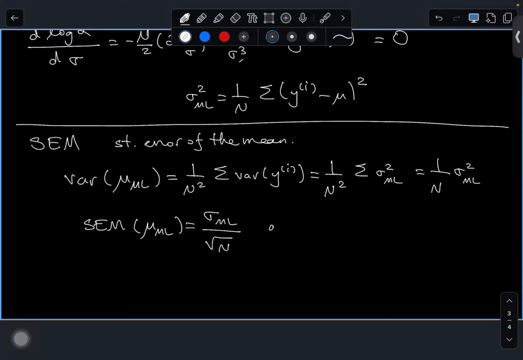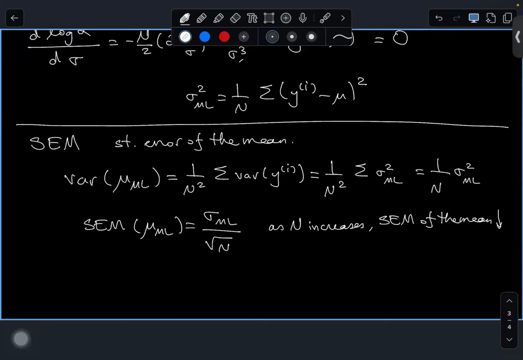And in this way, you see that as n increases, that means as the number of data points that you have increases, SEM of the mean decreases. So your confidence about what you're calling the mean gets better the more data you have. So that's what SEM is.